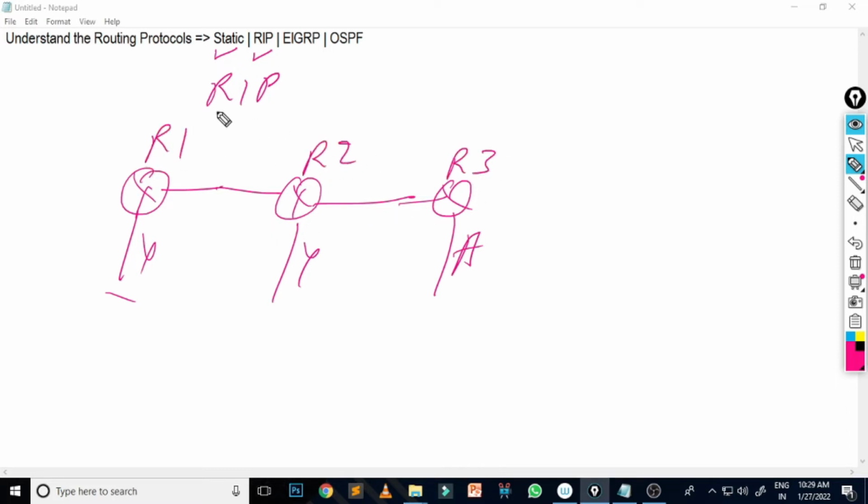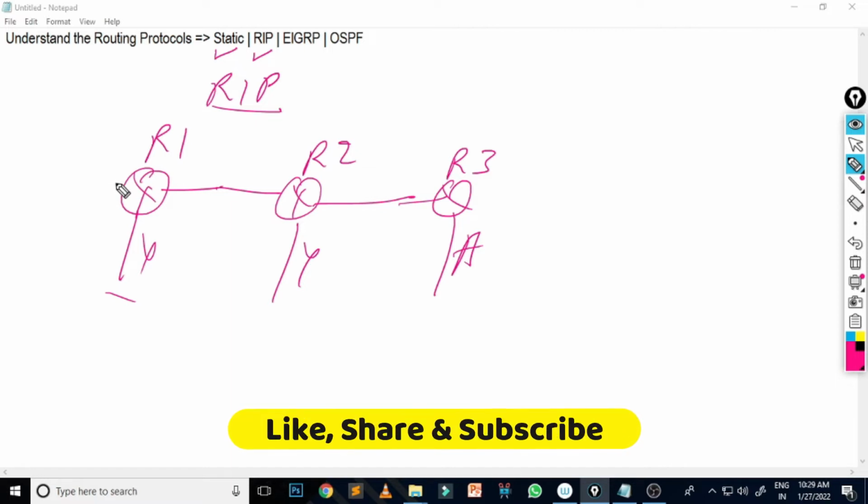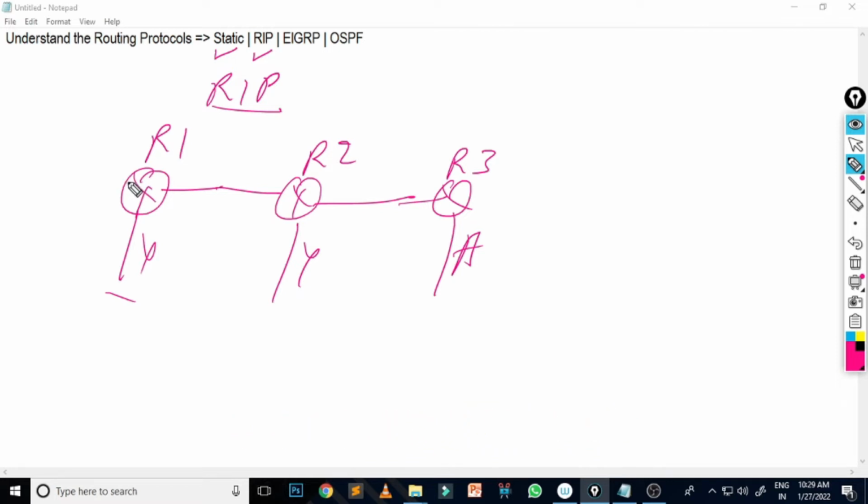Because RIP is a dynamic routing protocol, if you are a network engineer, you do not need any kind of blueprint of the network. You should only have the information about which networks are directly connected to router number 1. That's all. If you are configuring router number 2, you should have the details of all the networks directly connected to router number 2.